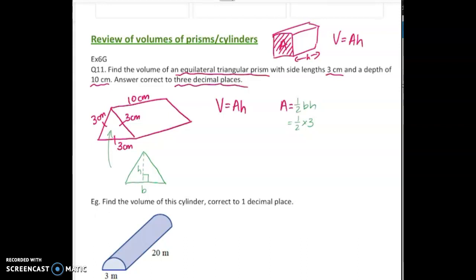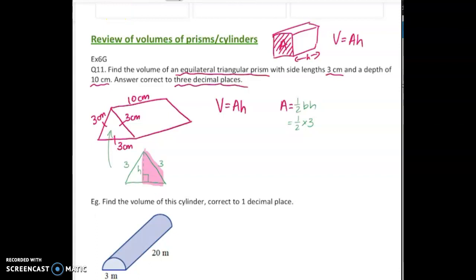In most cases, you'll be looking to use the Pythagoras theorem to find your perpendicular height. So you've got to look out for your right angle triangle. In our example here, we have the sides being 3 centimeters all around. And if you have a look here, we have a right angle triangle with our perpendicular height as one of its sides.